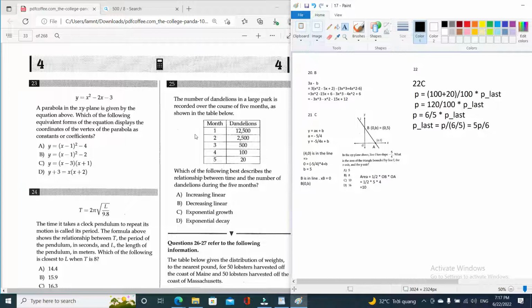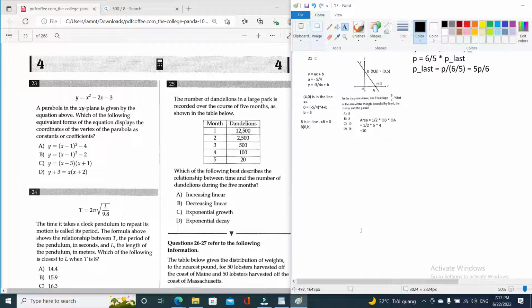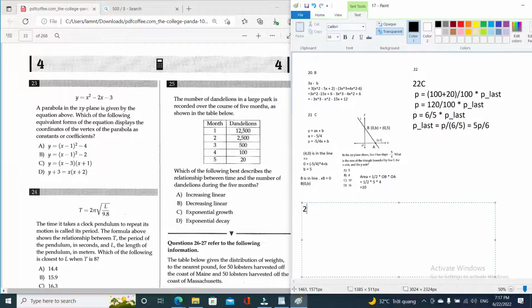Okay, so 23. We have y equals x squared minus 2x minus 3. Which is the equivalent form that displays the x-coordinate of the vertex as a constant or a coefficient? They asked about the vertex, meaning the solution.